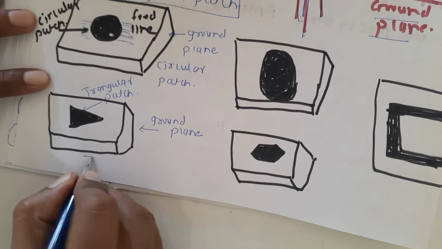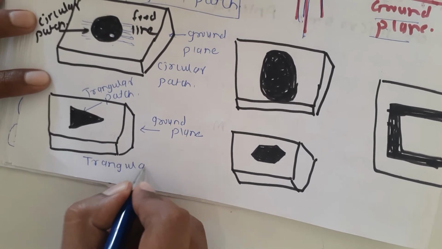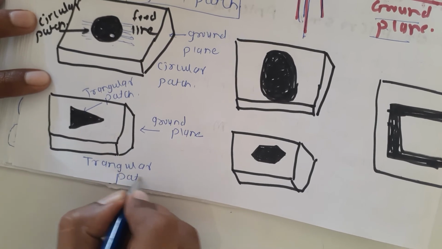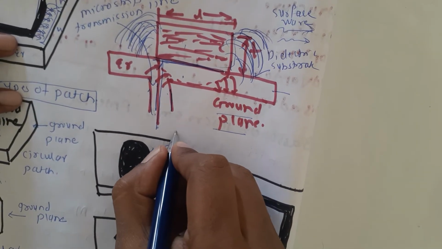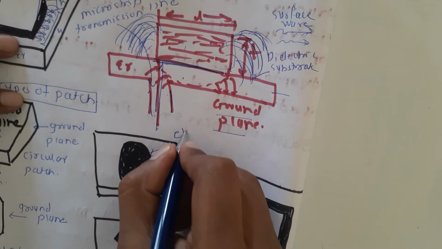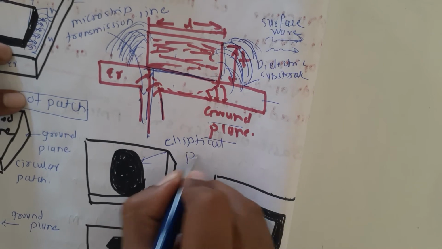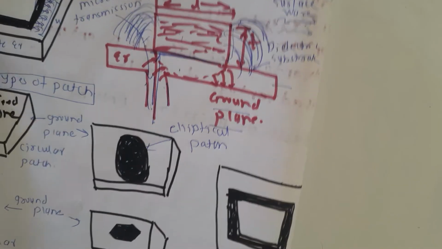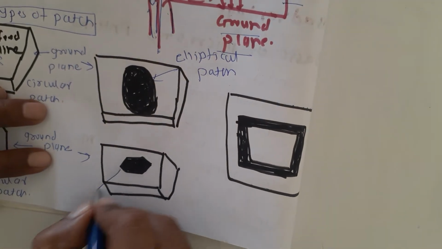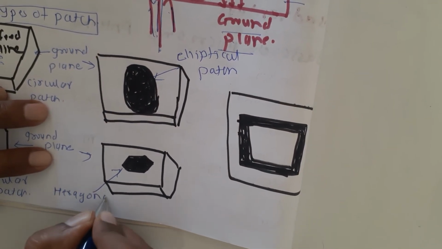So this is a triangular patch antenna. Here we have the elliptical patch, and this is a ground plane. Here we have the hexagonal patch.